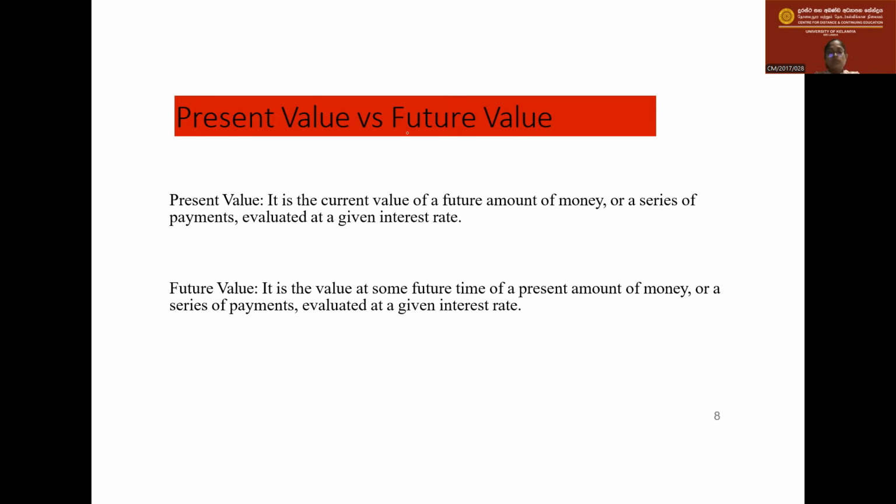Or it can be a series of payments evaluated at a given interest rate. Future value means the future value of a present amount of money, or likewise a series of payments calculated at a given interest rate.